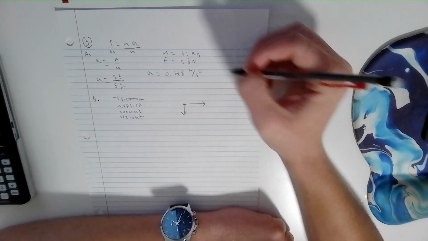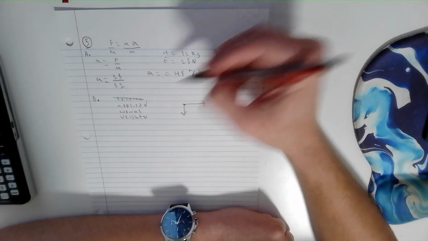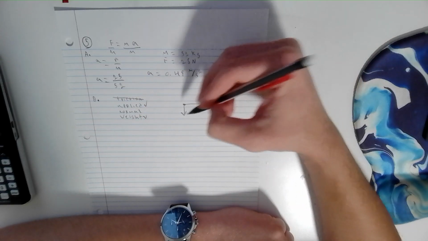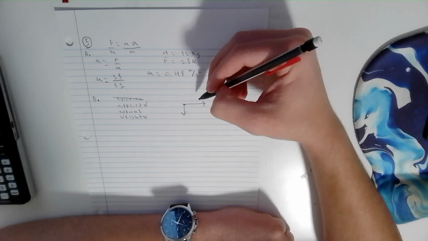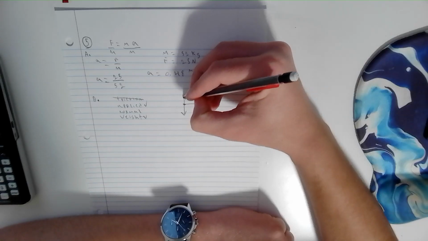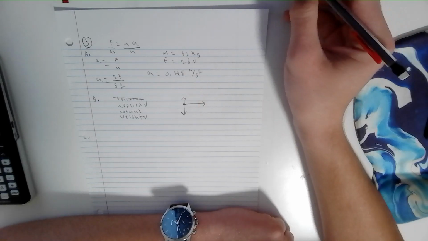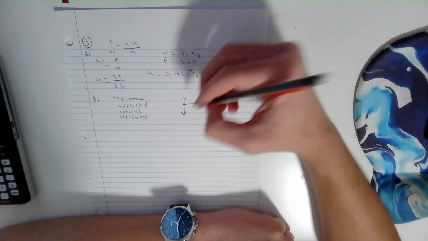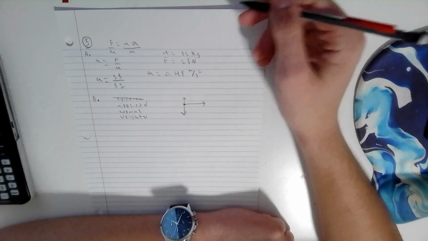So that's the weight force. Check both those. And then the normal force is the force of the table pushing back on the cheese. And that's what prevents the cheese from going through the table. So the normal is always going to be perpendicular to the surface, which in this case is straight up. And so those are all the forces right there.